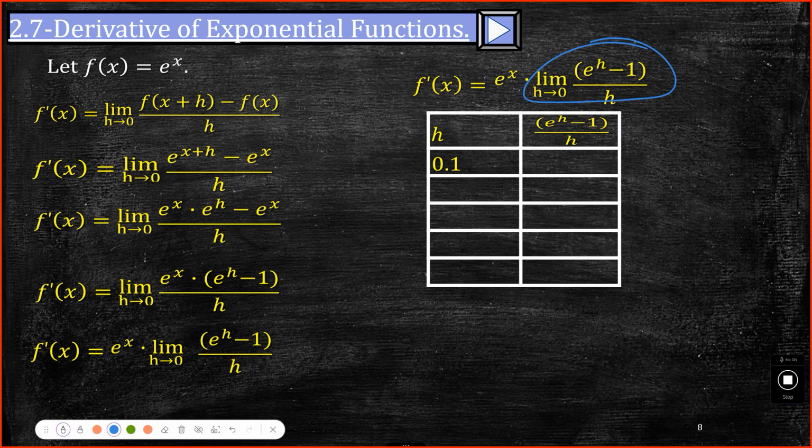So we plug it in. Get your calculators. That's what we're doing. That's why I gave you calculators, aside from everything. E to the 0.1 minus 1 over 0.1. So go ahead and give me that answer. What is e to the 0.1 minus 1, divided by 0.1?